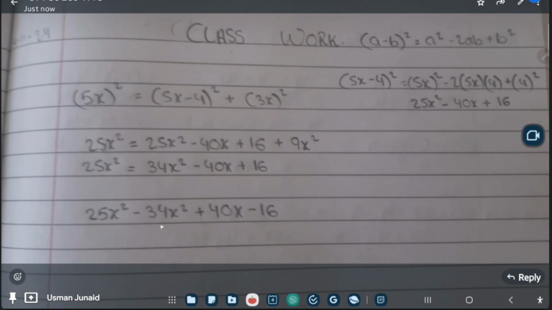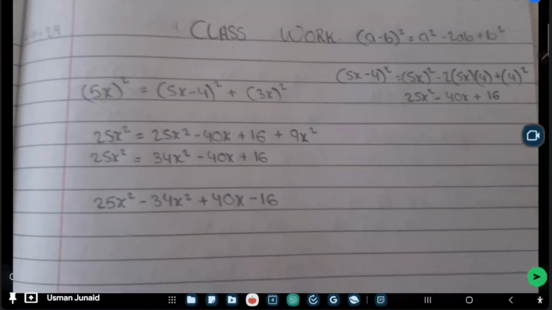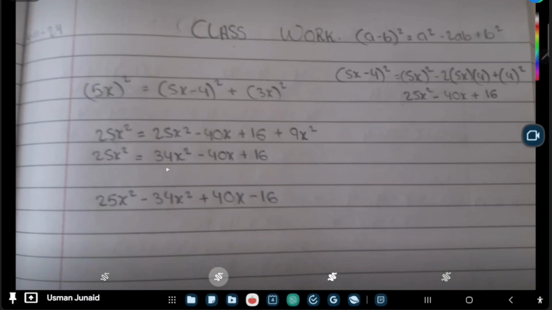So if you do 25 on this side, what does that leave you with? You'll get 25 minus 34, which is how much? 34 minus 25 is 9x squared.